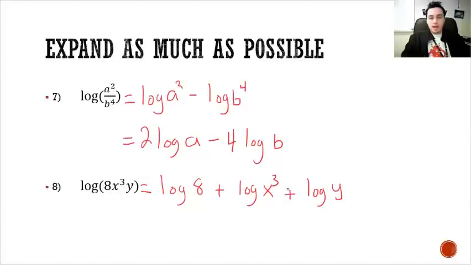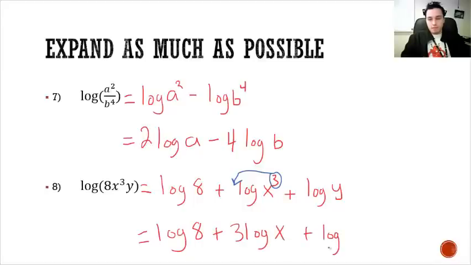And none of these have any exponents except for this one, so this exponent is going to drop down in front of its own log, and that does have to be the last step. You can't drop the 3 down first. It does have to be the last step there. So that means my answer is just log 8 plus 3 log x plus log y.